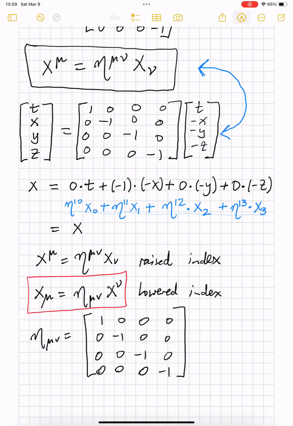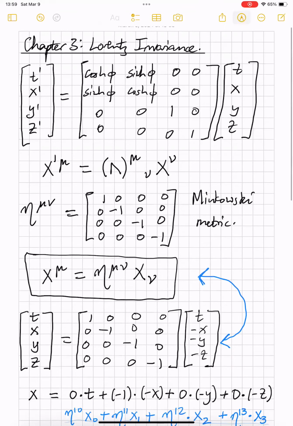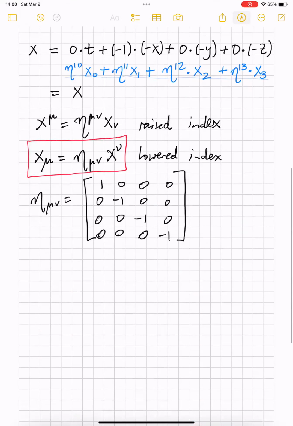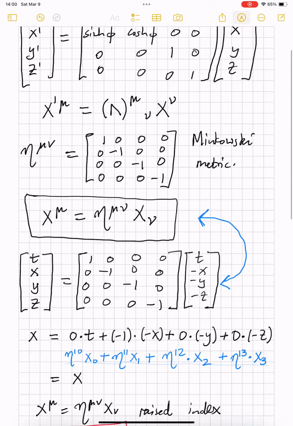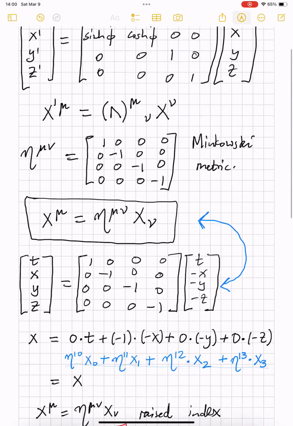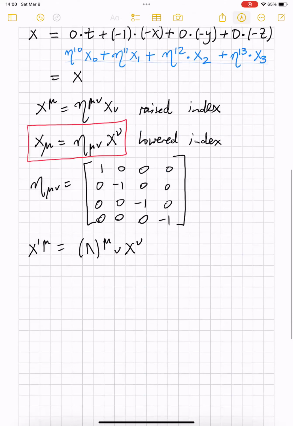Now, how does a covariant vector transform? Let's write x primed mu is equal to lambda mu nu x nu. And remember, lambda was the matrix representing the boost that we've studied. So this is how a contravariant index will transform.